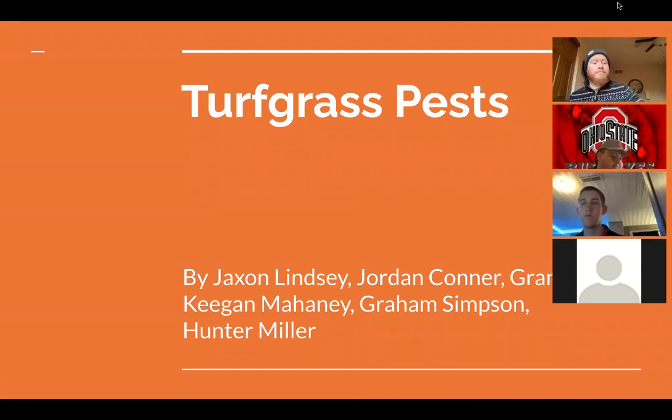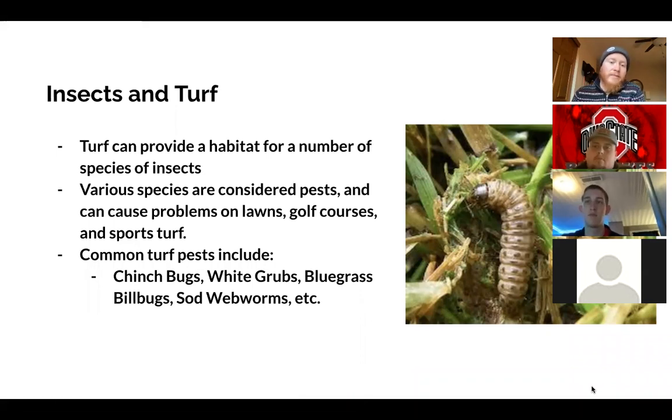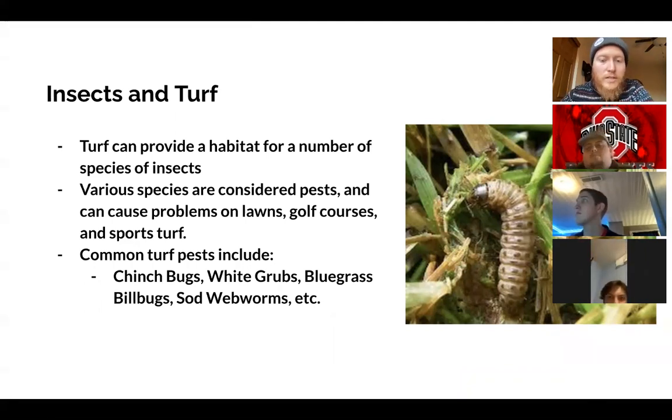All right. So for our presentation, we're going to be talking about turf grass pests. Insects and turf. Turf can provide a habitat for a number of species of insects, whether that be beneficial or non-beneficial. Various species are considered pests and can cause problems on lawns, golf courses, and sports turf.